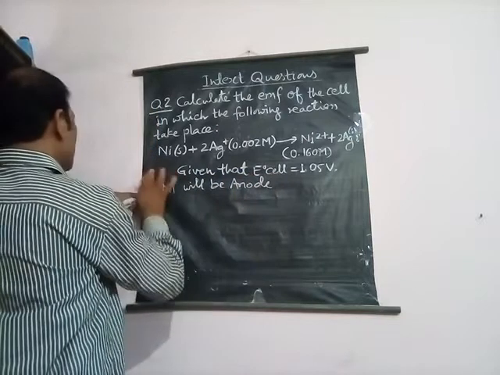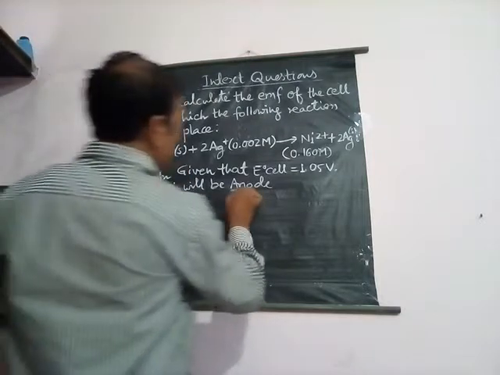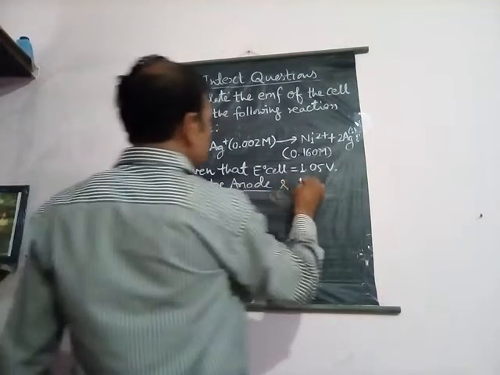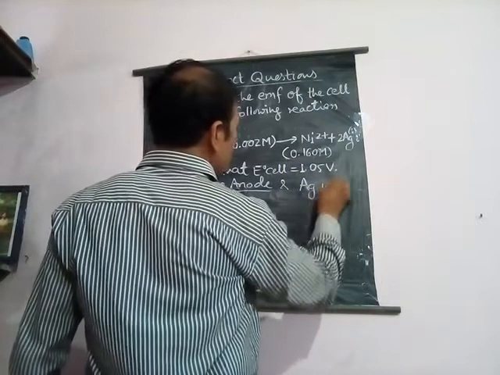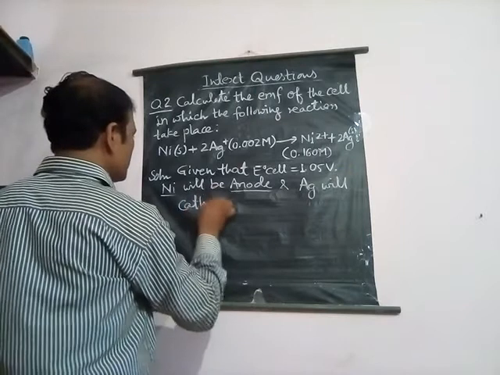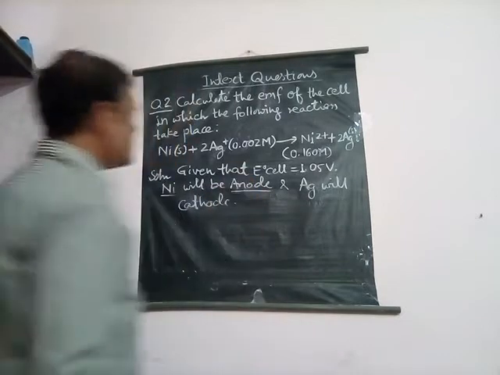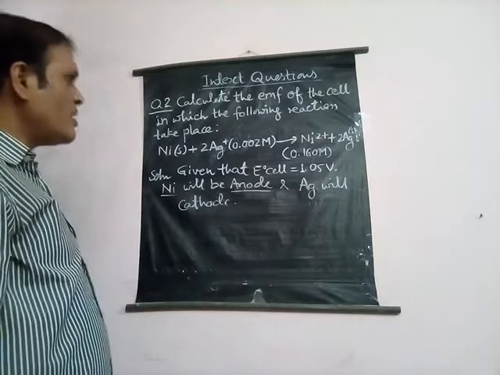So Ni will be the anode and Ag will be the cathode. Now we will see what the concentrations of the ions are.